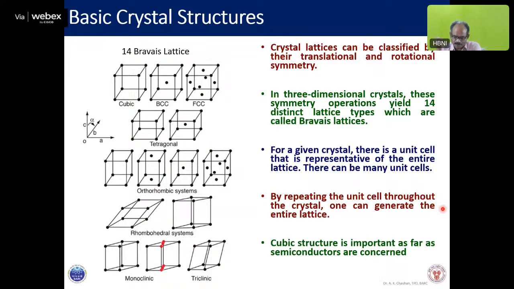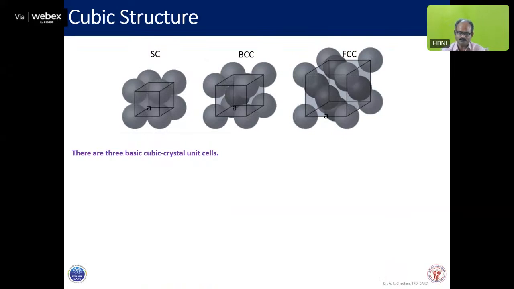The main class of semiconductors, silicon or germanium, have a relation to cubic structures, and this structure plays an important role in their properties. So cubic structure is very important as far as semiconductor physics is concerned. That's why we will revisit this very quickly, not in as much detail as we did earlier.